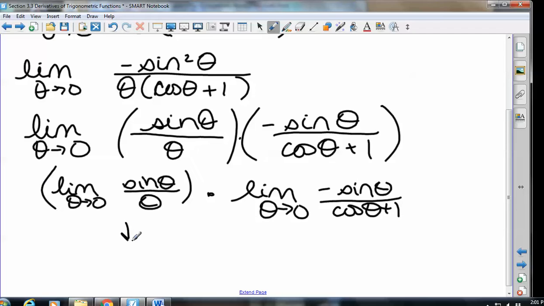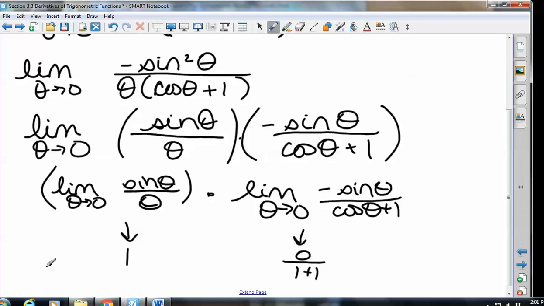We know what this is. What does that piece equal? Okay. Can I evaluate this piece now? Negatives, what is the sine of 0? 0. What's cosine of 0? One.